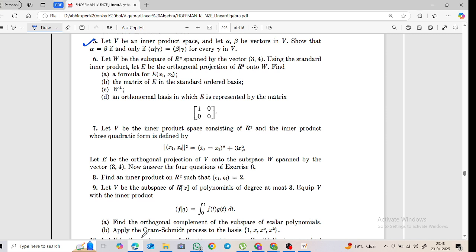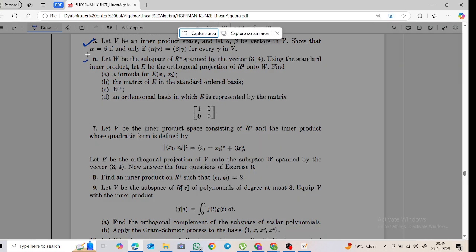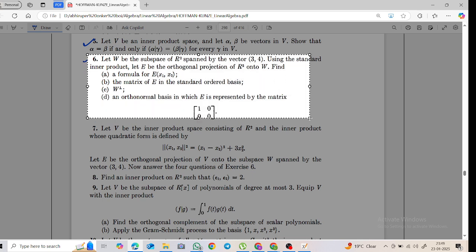Let E be the orthogonal projection of R2 onto W. Find a formula for E(x1, x2), the matrix of E in the standard basis, and an orthogonal basis of W perp. Okay, 6 is very important, so we will do 6. First read the question and tell me if you understand it or not.